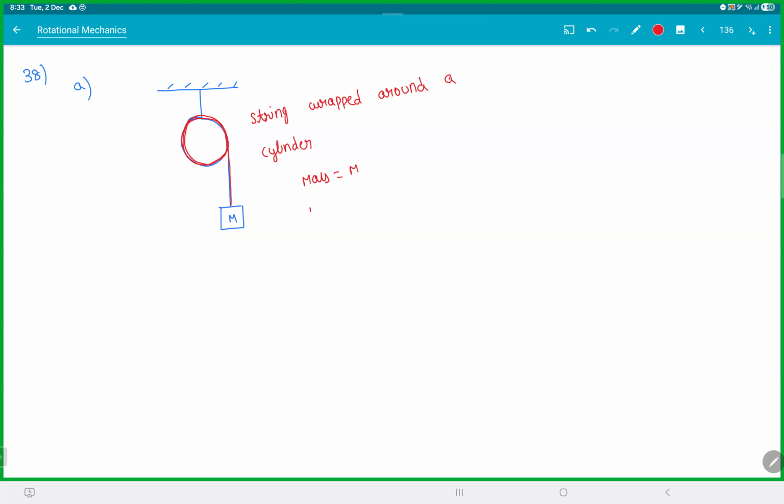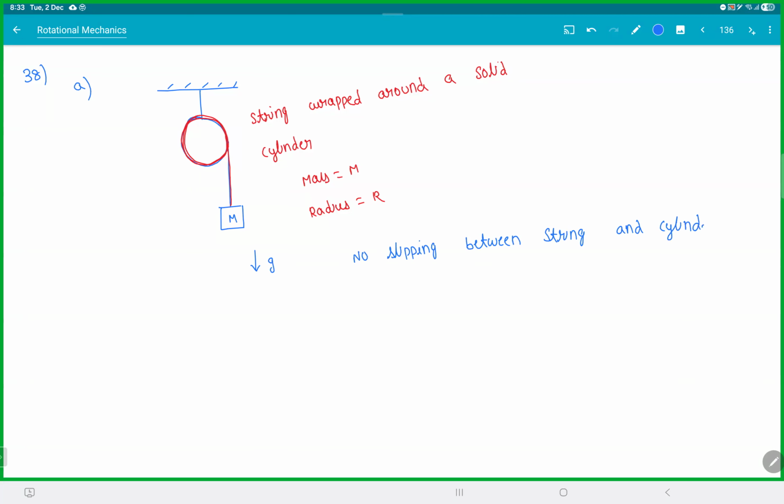Mass M, radius R. Solid cylinder. Gravity is there, and there's no slipping. Now this thing, we will discuss a bit. No slipping between string and the cylinder or pulley.